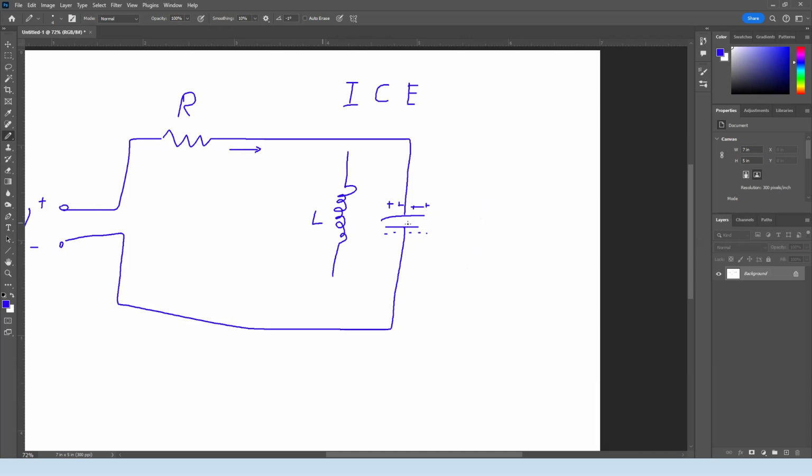So here's L for coil, here's C for capacitor, and let's just imagine that this thing is broken here, and we have the capacitor or the coil connected here. So now we have that.